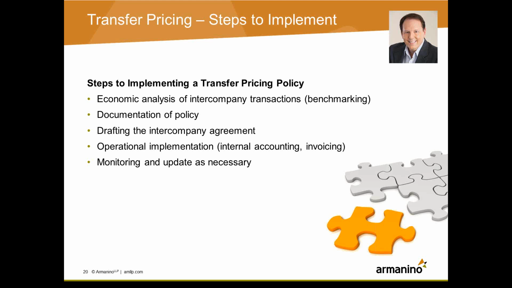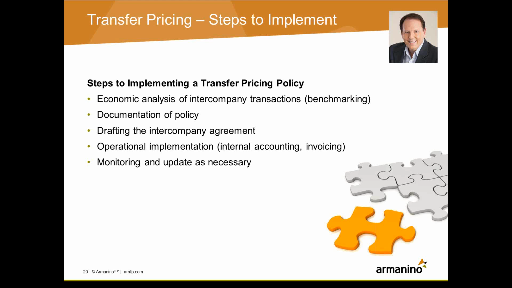Operational implementation, obviously, is going to affect internal accounting. The best practice is invoicing between related parties. That's one thing that we oftentimes see missing. And so there's certain operational effect to implementing a successful transfer pricing policy. And lastly, monitoring and updating as necessary. In other words, this is an ongoing process. If the facts of your organization change, then the transfer pricing must also change with it.